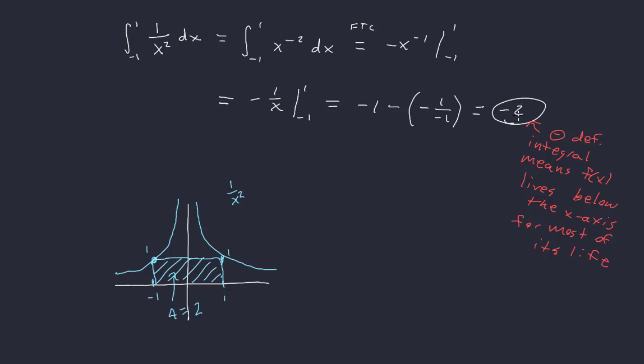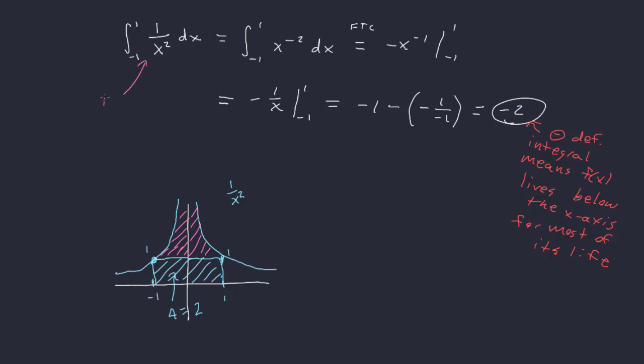So even if we just made a little mistake with our sign here and said, oh, okay, well, it can't be -2, it's just 2, the problem is we still have all this area up here that we haven't counted. Okay, so the problem is that 1 over x squared has a major discontinuity at 0, right?